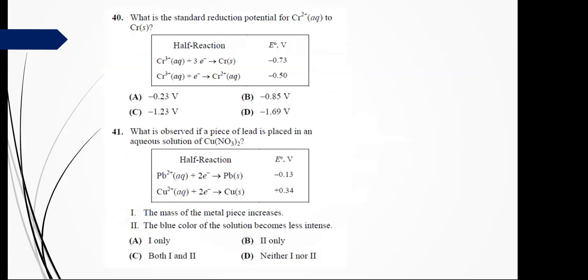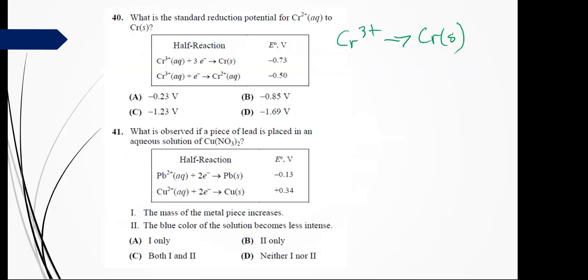This could be the other part, right? They could give you your redox, your standard reduction potentials, and then have you put together a cell, right? So in this case, we're trying to go from chromium 2+ to Cr solid. And so we have to figure out that overall reaction, right? So that's Cr3+ going to Cr solid.